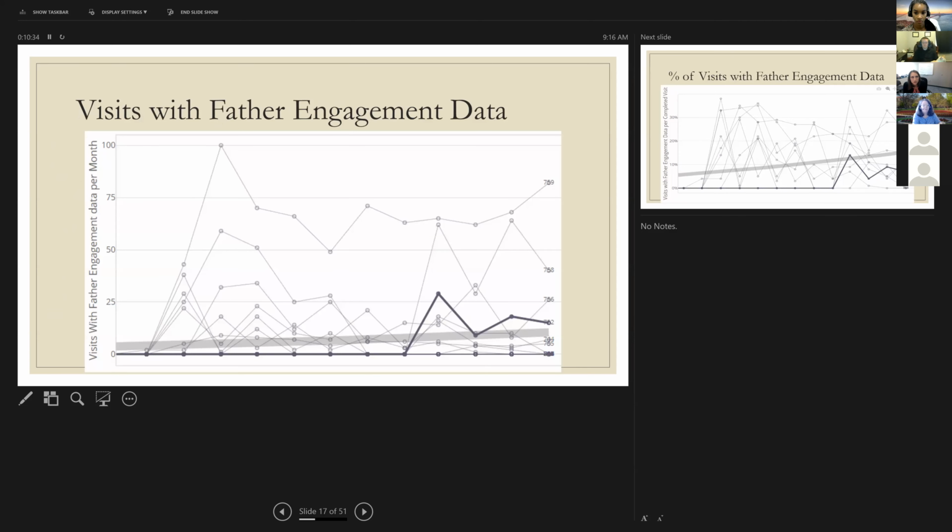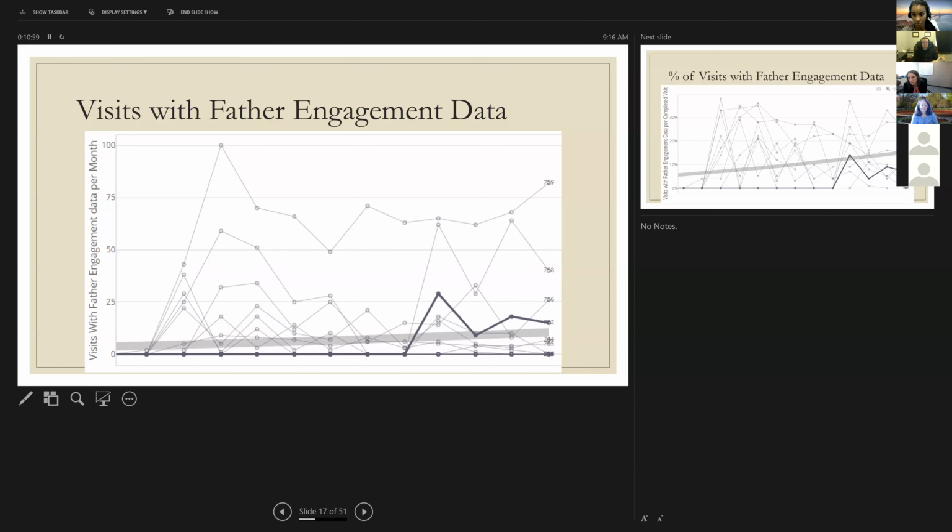First, when it comes to just trying to get data on dads, as you all know, since you're the ones trying to get the data, it was challenging. There were, in some cases, only a few father figures that were available in a given program, and trying to get data across visits was a challenge. So what we see is that if we look at how many visits per month did we have father engagement data, it's relatively low.